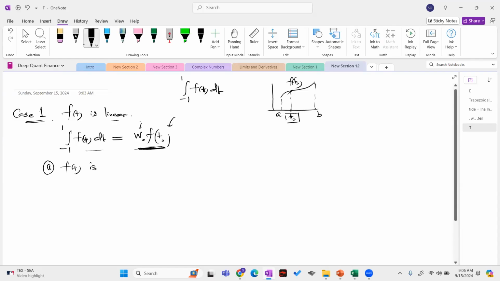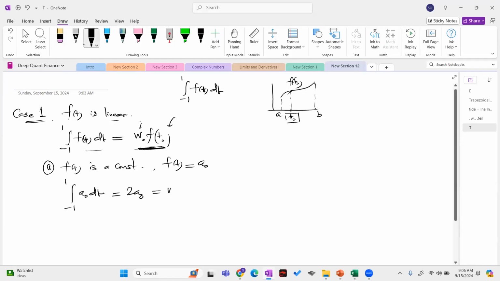And can I make this work for a linear function? So f(t) is a constant. If f(t) is a constant, then let's say f(t) equals a0, some constant. So what does this integral become? Integral of a0 dt from -1 to 1, which is 2a0, right?